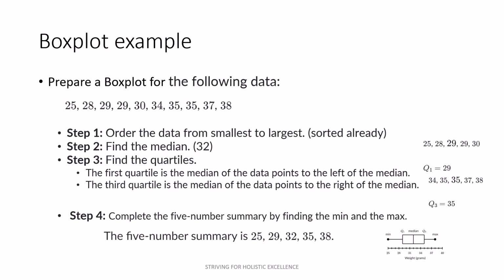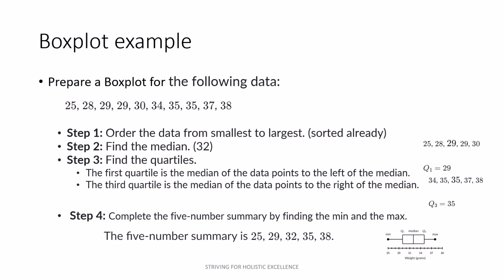Round it up to the higher integer value, that is 3. When you have 5 values, just take the middle value, and since 5 by 2 is 2.5, we can take the third value. So out of 25, 28, 29, 29, 30, the third value is 29. So that is Q1. As you can see on the right side, Q1 is the quarter 1 value.